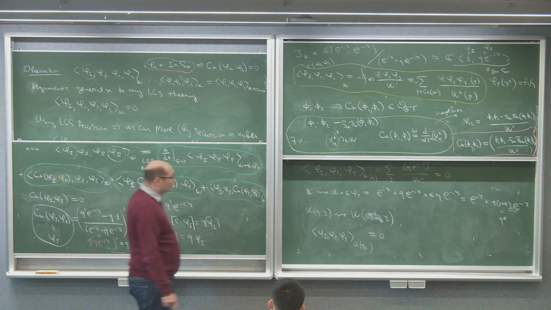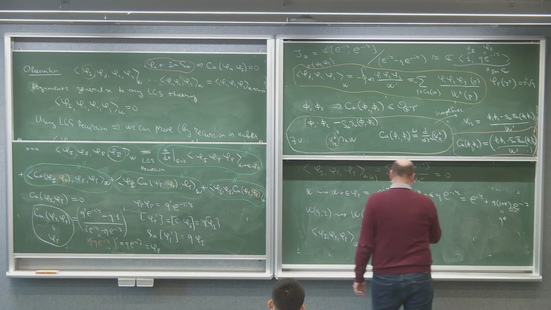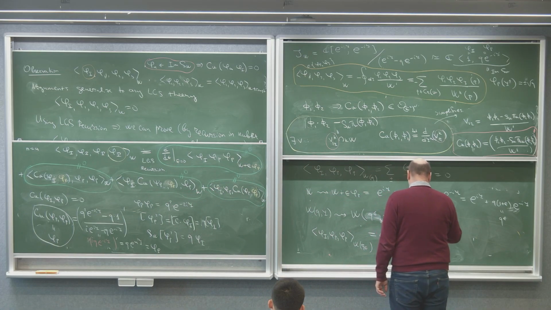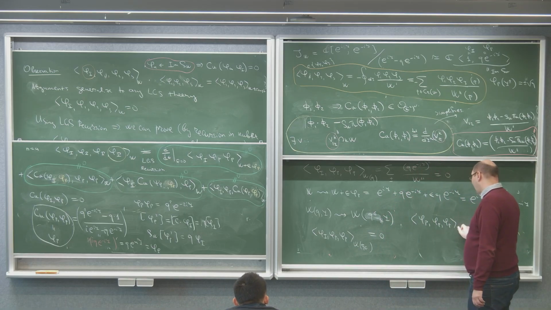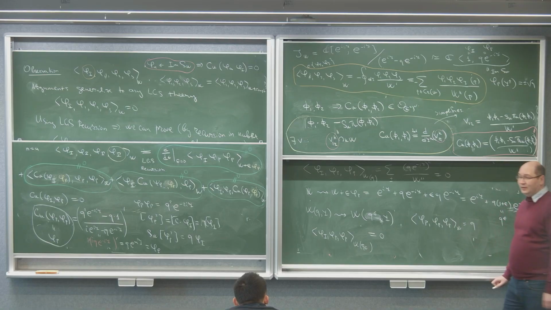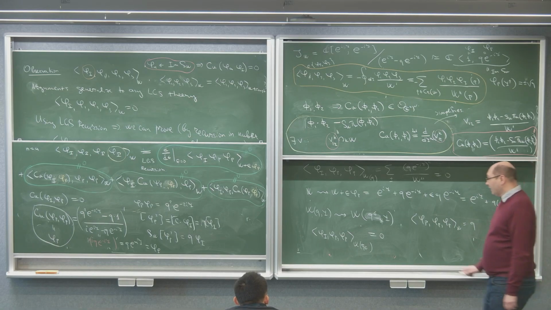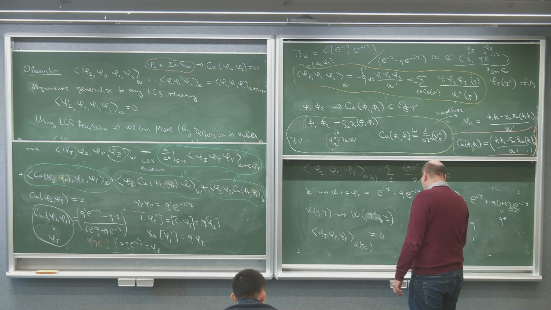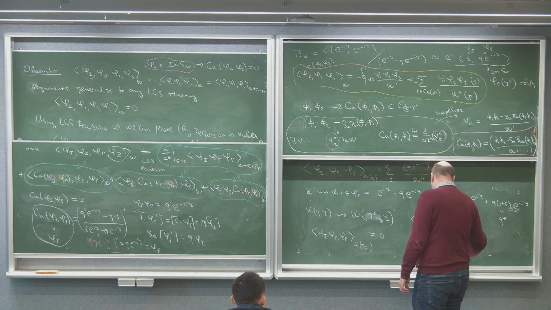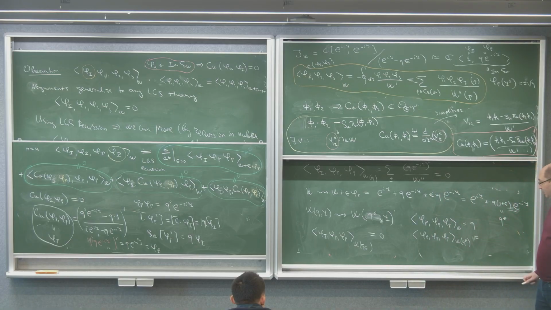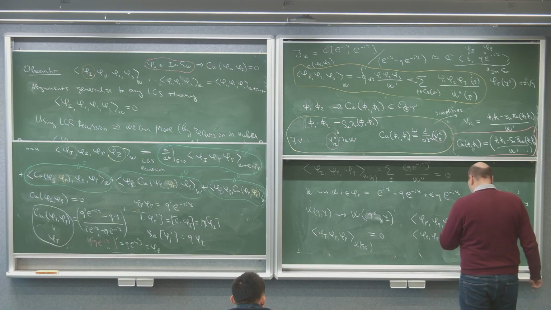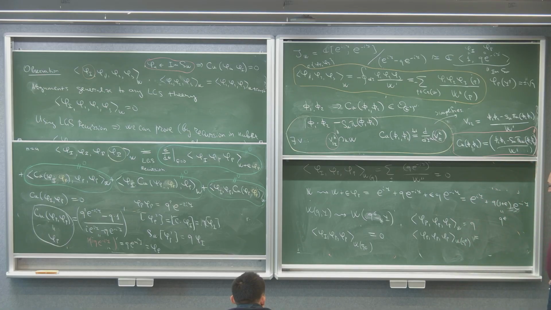But if we want to compute, and we will compute in a moment, something like this: in the undeformed theory, we saw that this 3-point function is Q. Now what if I compute the same thing in a deformed theory, if I deform W by Q epsilon? Then I will have Q epsilon dependence.